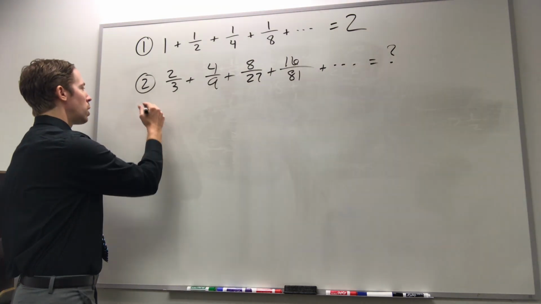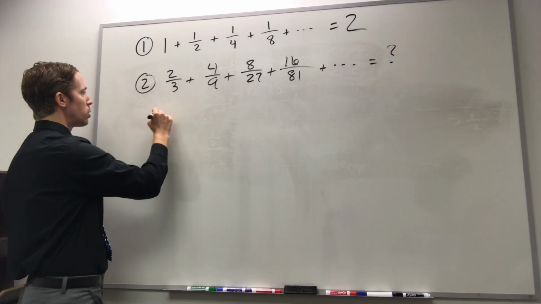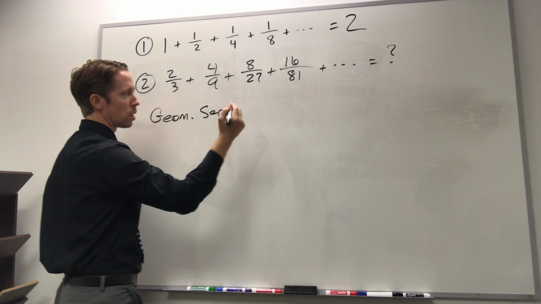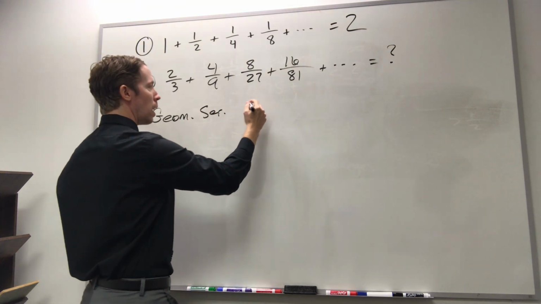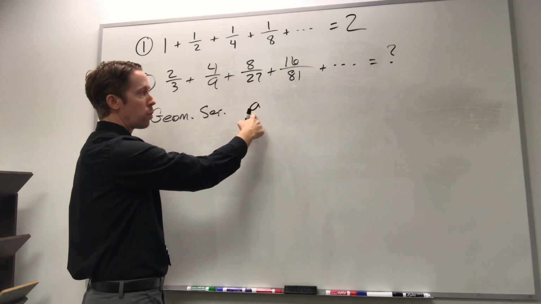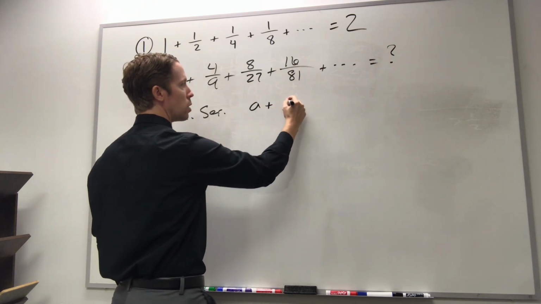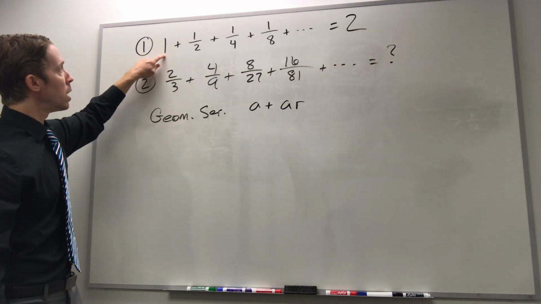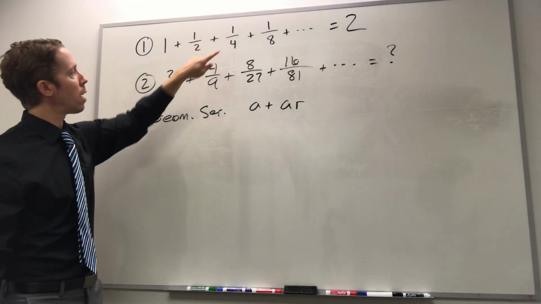So we could write down a general geometric series as something like, it's often written as a constant that you start off with, I'll call it A, plus, and then you multiply that constant times your ratio. So here A is 1 and the ratio is 1/2.